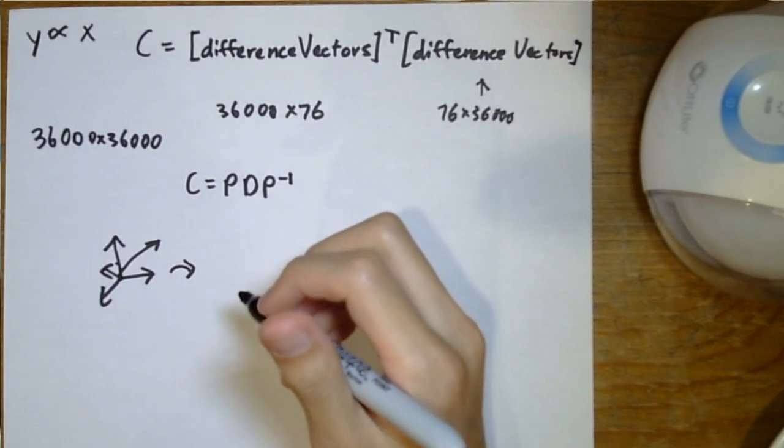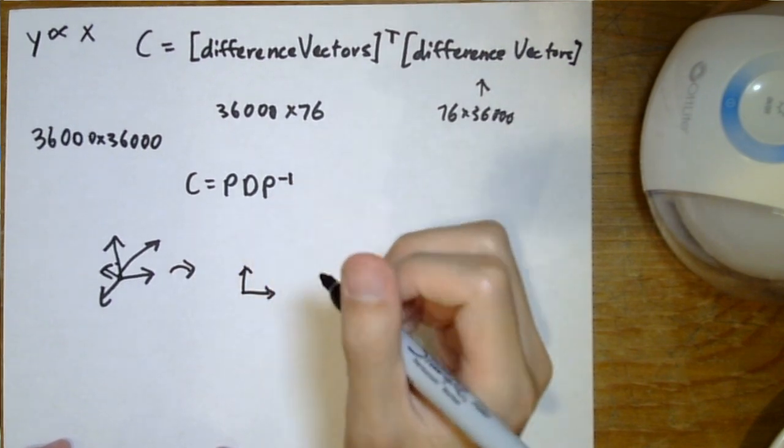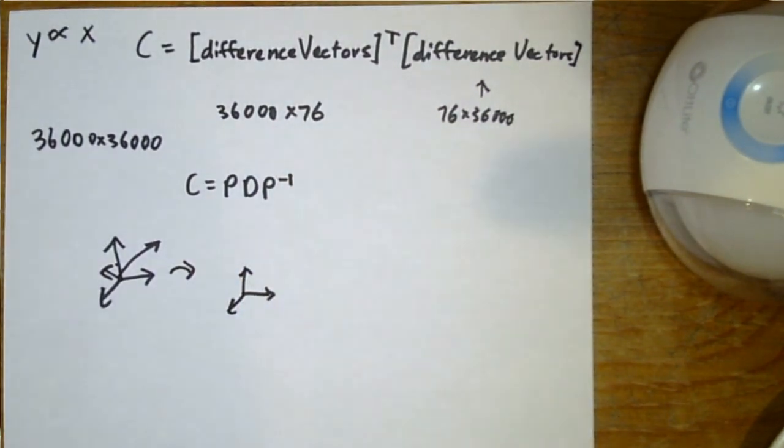So this leads our data to be decorrelated, and that means that each axis has no covariance because each axis is simply orthogonal to each other. So that's really good. We want that.